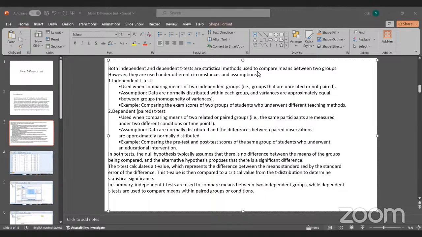Therefore, the first part is to determine whether your data follows normal distribution or not.